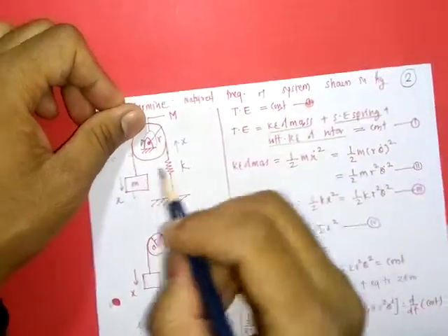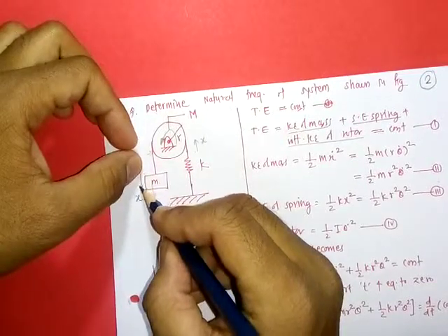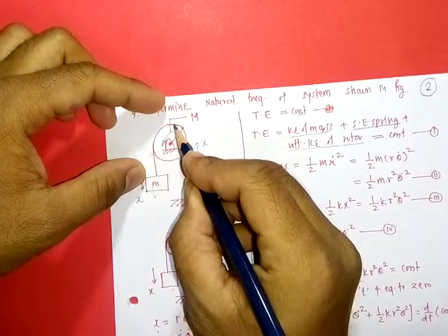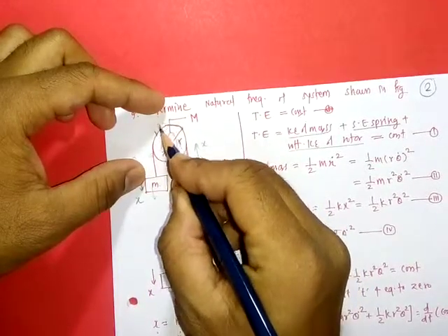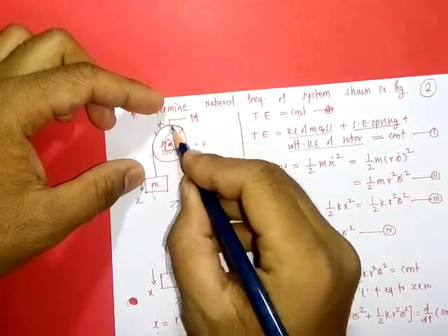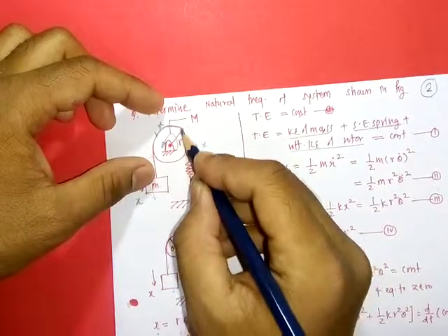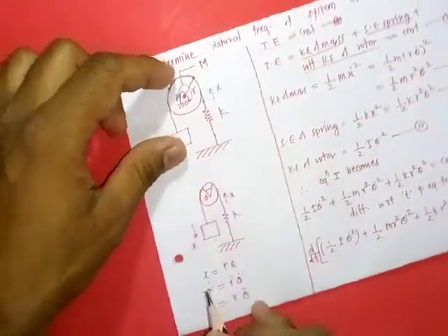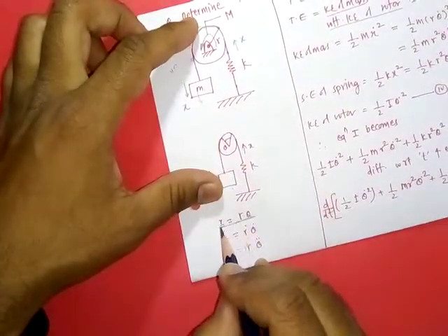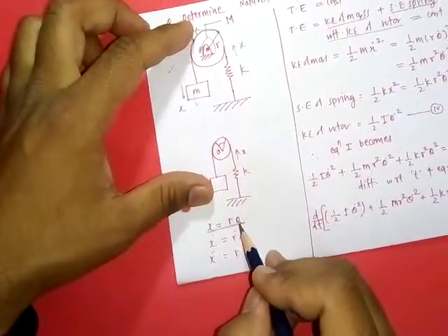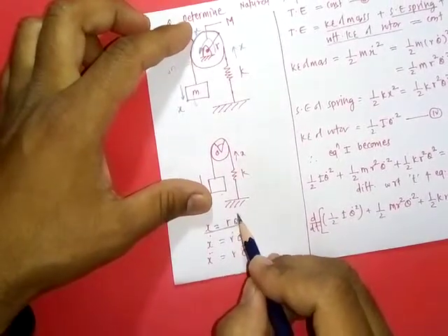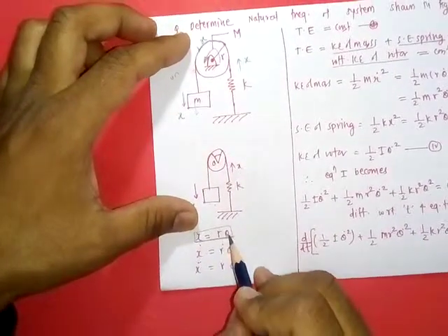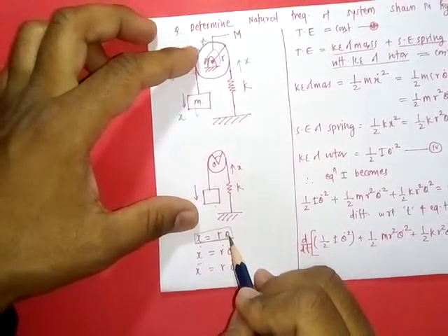Now consider when we deflect this mass by amount x, then this string will move by amount x. That means this arc is x. Then the angle subtended at the center is given by x equal to r theta, arc equals r theta. This gives the relation between linear displacement x and rotary displacement theta of this rotor.